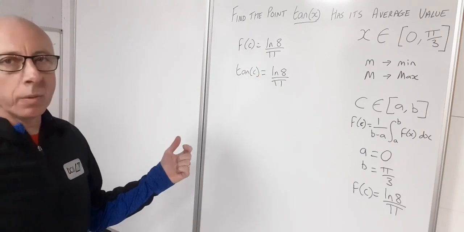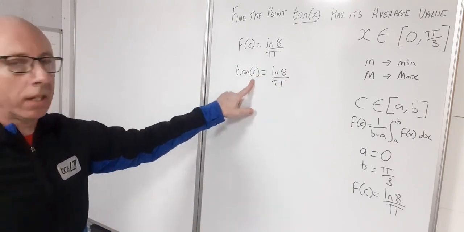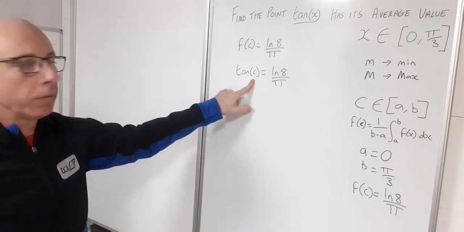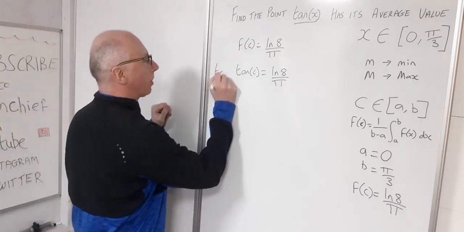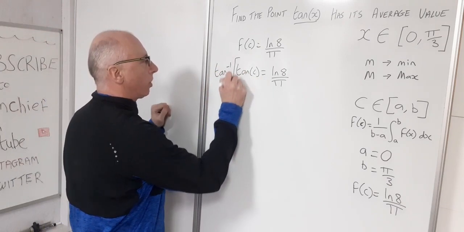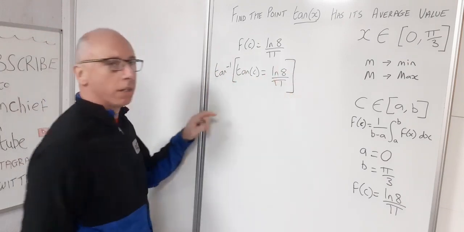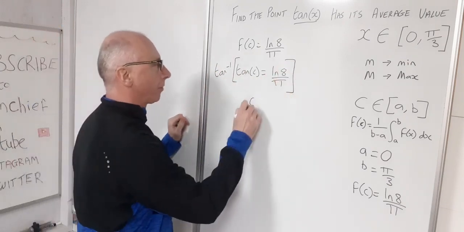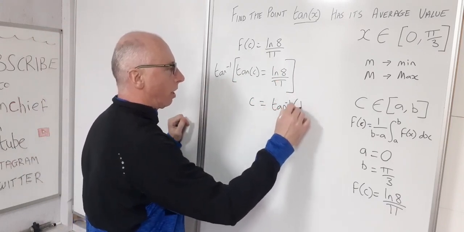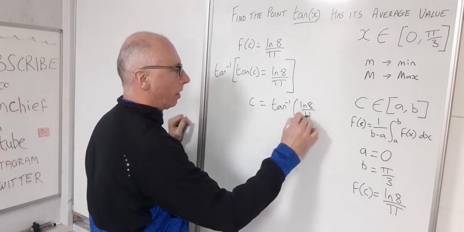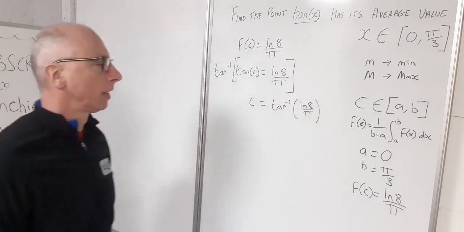So now what I want to do to get my point C on its own, I will take the inverse tangent of both sides. So I'll get C equals inverse tangent of natural log of 8 over pi.